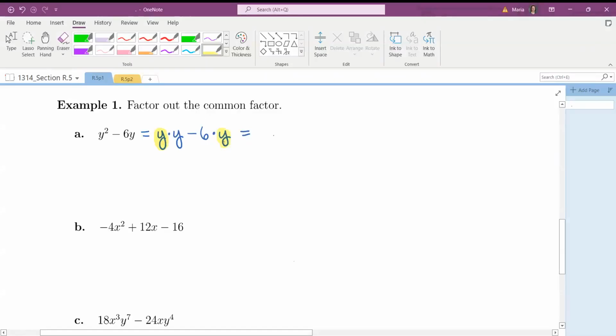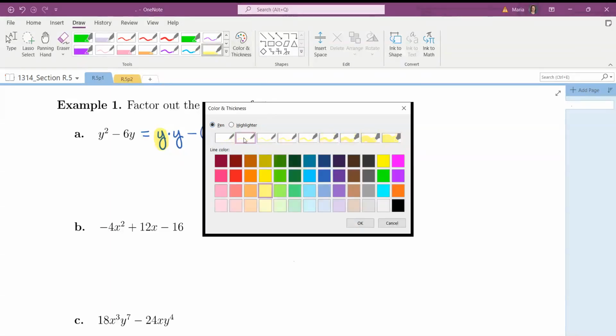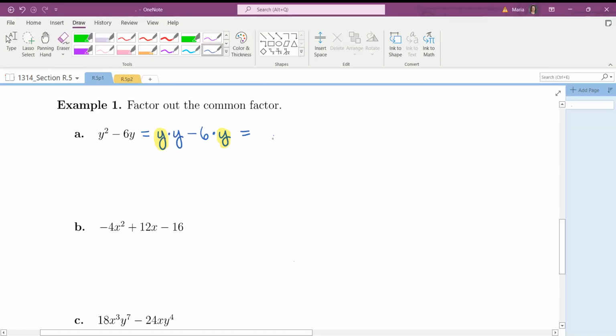Each side of the minus sign has a single y. Now this term has two y's, but there isn't a second y on the right side to match it, so we can only highlight one. That's all that's in common on both sides of the subtraction sign. So our common factor here is going to be y.